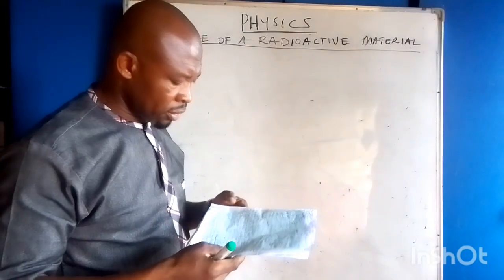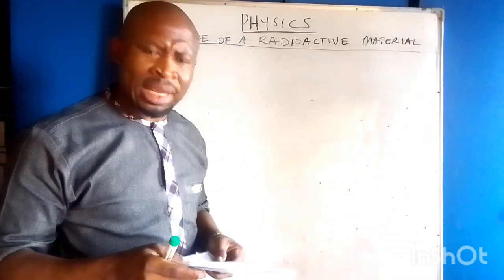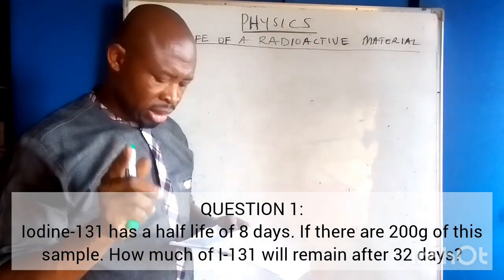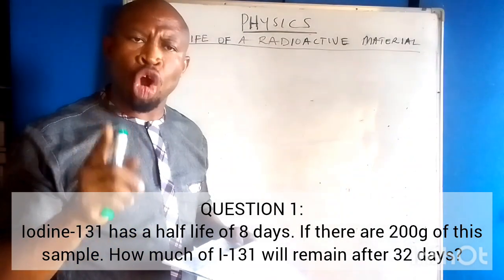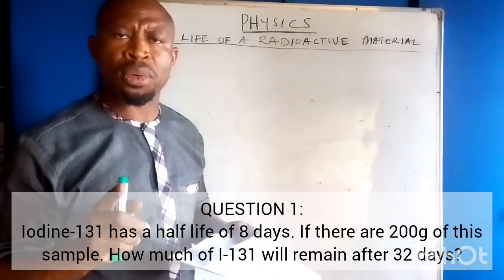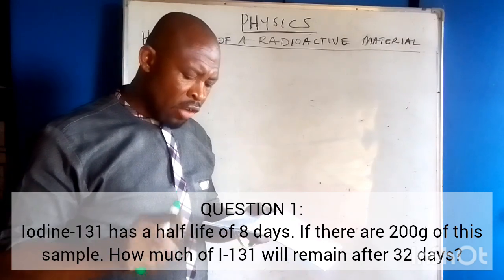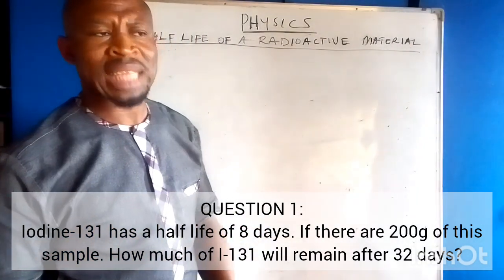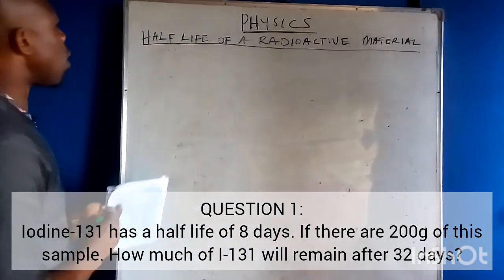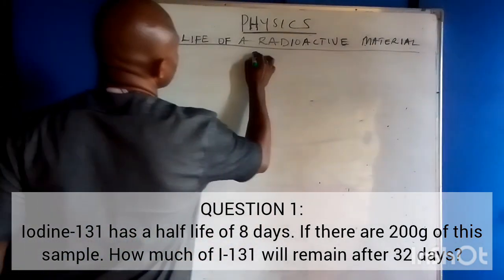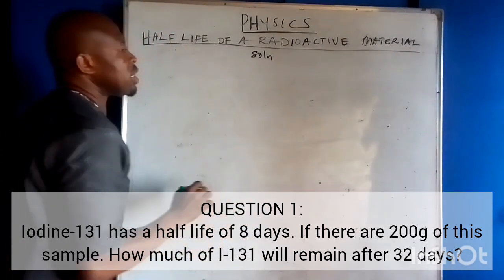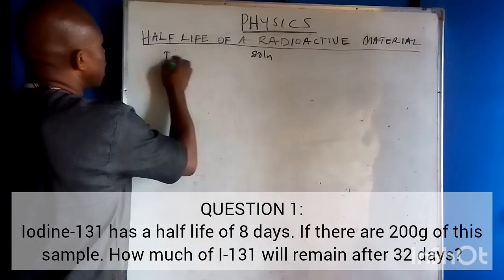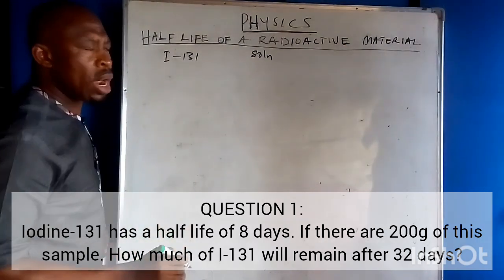The question says, iodine 131 has a half-life of 8 days. If there are 200 grams of this sample, how much of iodine 131 will remain after 32 days? Now, solution. The element in question is iodine 131.